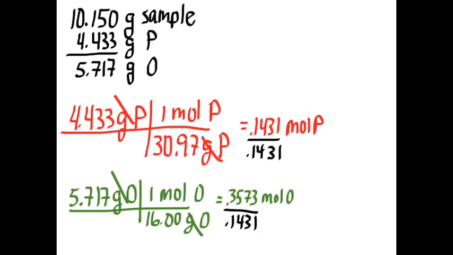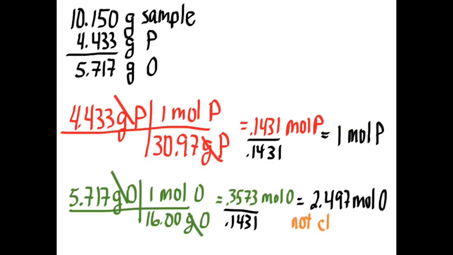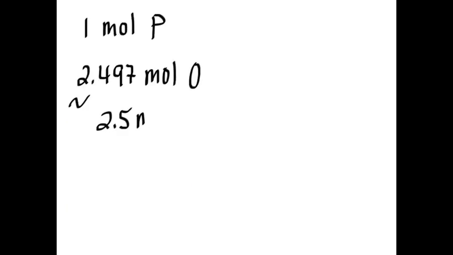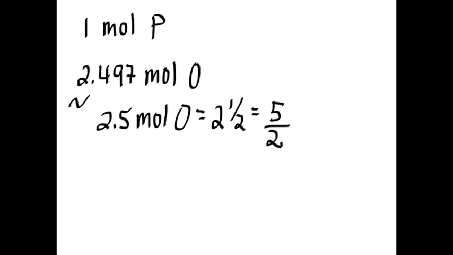Now you got 1 for your phosphorus, that's good. But when you divide the oxygen by the smallest, you get 2.497. Now that is not close to a whole number, but it is close to 2.5. So you have 1 mole of phosphorus, and you have about 2.5 moles of oxygen. 2.5 can be expressed 2 and 1/2, or 5 halves.